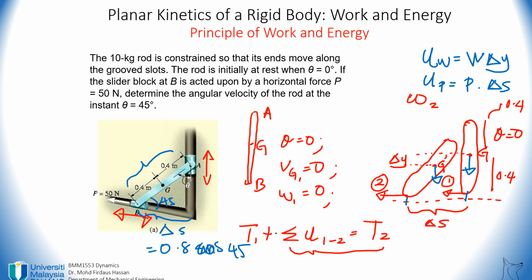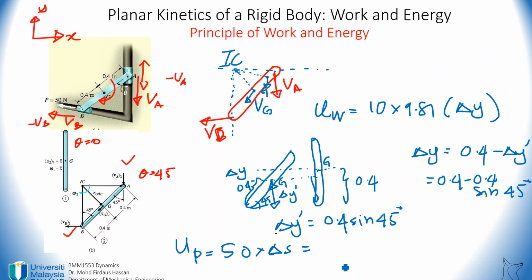Okay, we get delta s. So 50 times 0.8 cos 45. This is the work done by P, the external force of 50 Newton.